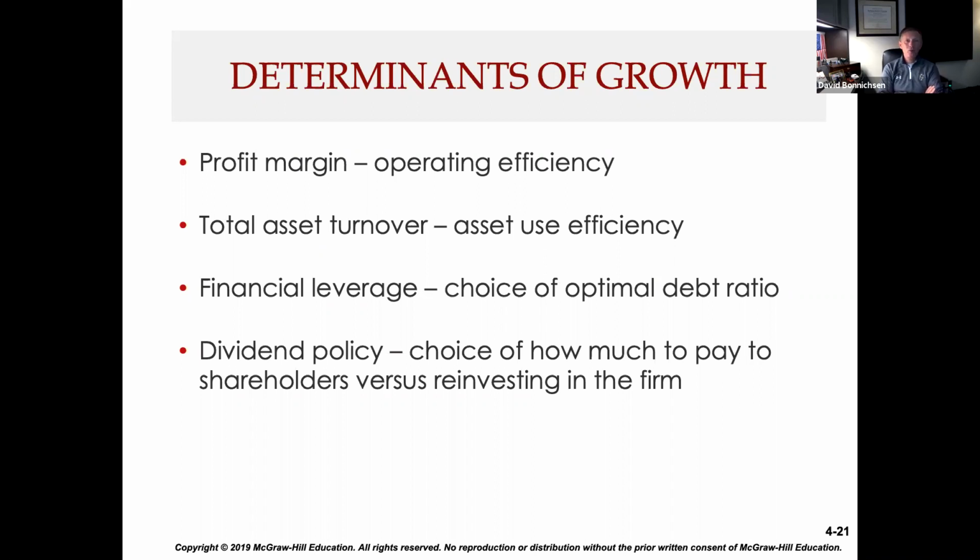How much debt are we taking on in order to support the growth that we're experiencing? And then finally, dividend policy. Are we going to pay money to our shareholders, or are we going to keep everything for ourselves, plow it to retained earnings, and then grow our business internally so that we don't have to access the debt markets to finance our growth? All management decisions and all determinants of the eventual growth for a firm.